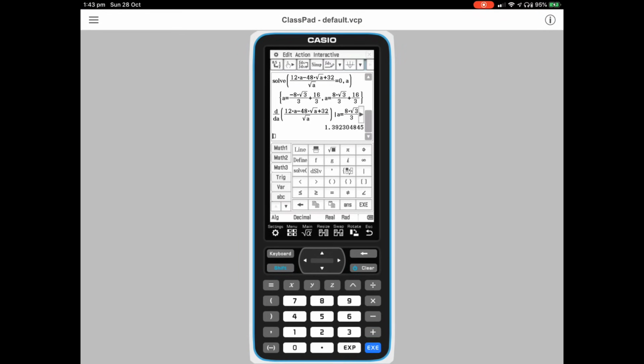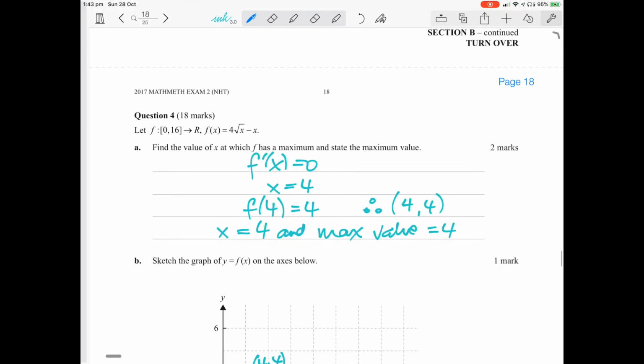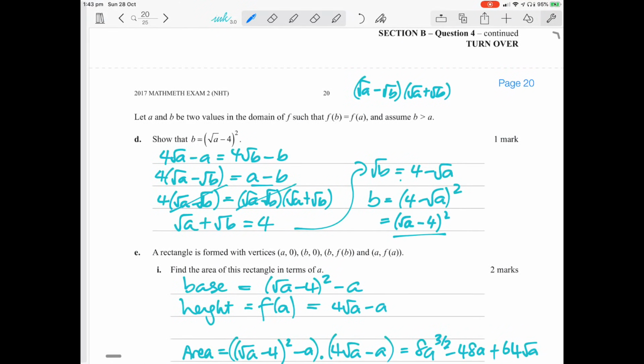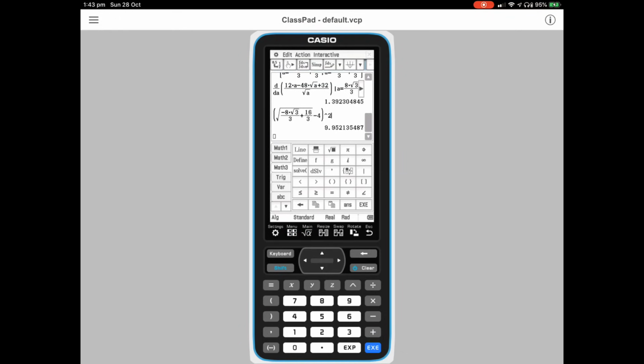So B is equal to root A minus 4, all squared. So 16 on 3 minus 8 root 3.